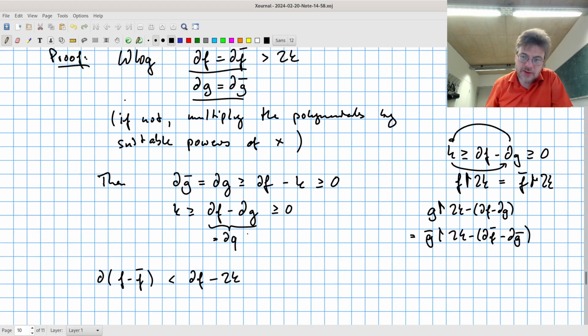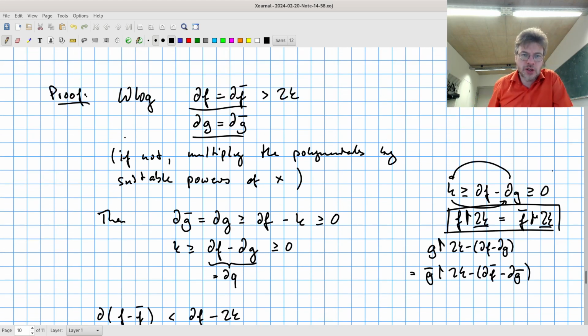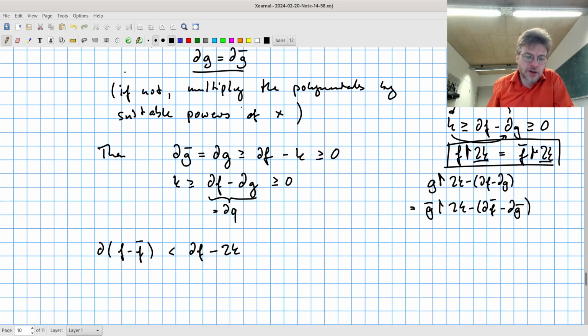Why is this? That's because these two polynomials, they coincide in the first 2k coefficients by assumption, and by other assumption they have the same degree. So if I take their difference, then there will be a lot of cancellation, and it will be at least that much cancellation. So the difference that remains must have a degree that is smaller than all the terms where there happens a cancellation.